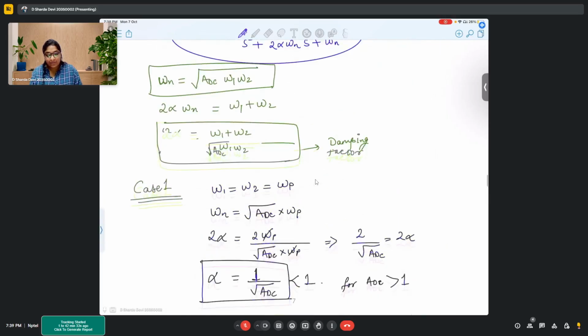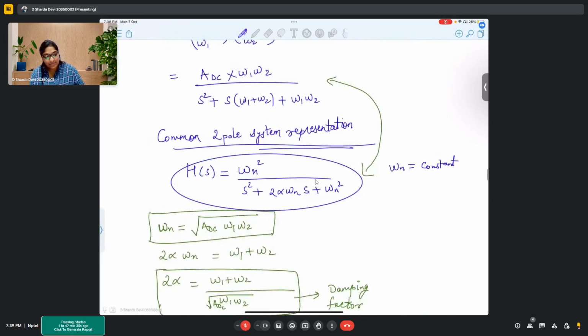So we define the second order system in this format. Whatever the transfer functions are, we bring them to this particular format, and from here we find the values of alpha, the damping factor, and based on the damping factor values, we comment whether the system is stable, marginally stable, overdamped, or unstable.